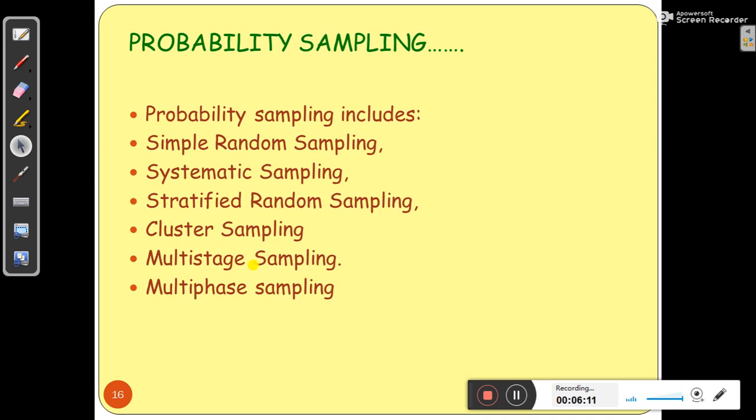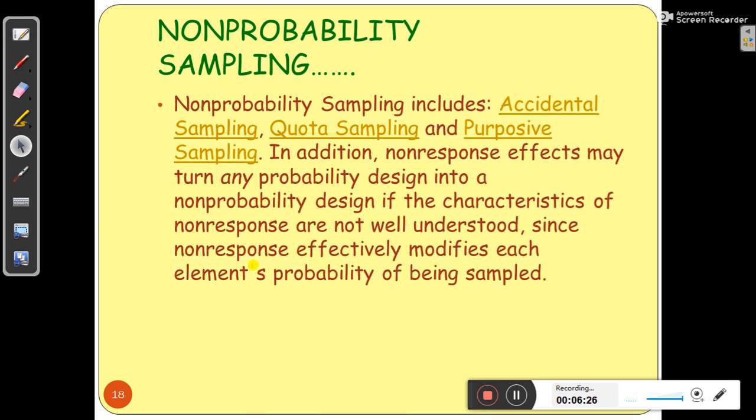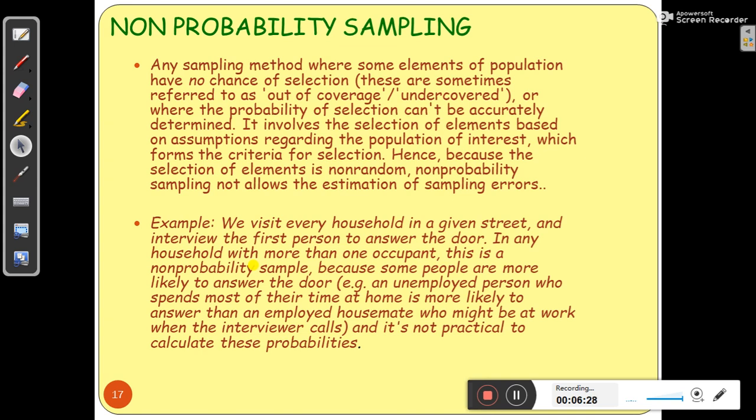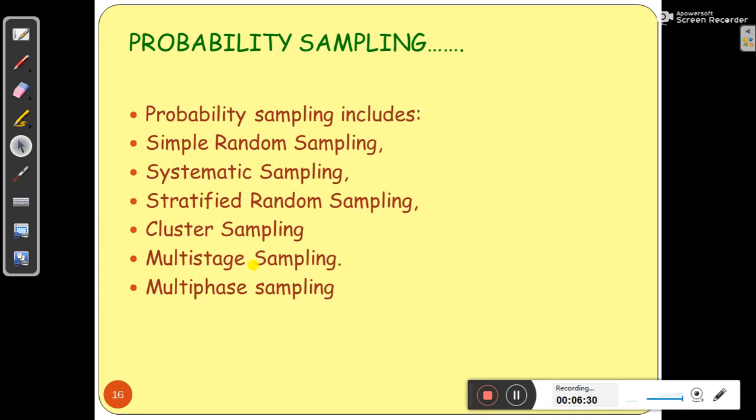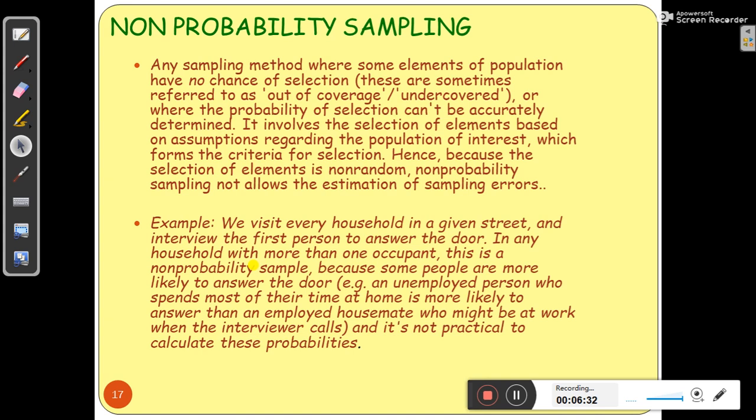So in case of probability sampling, there are various types. Probability sampling includes simple random sampling, systematic sampling, stratified random sampling, cluster sampling, multi-stage sampling, and multi-phase sampling. There is also one point about non-probability sampling: any sampling method where some elements of the population have no chance of selection.